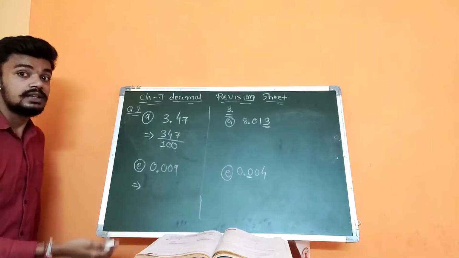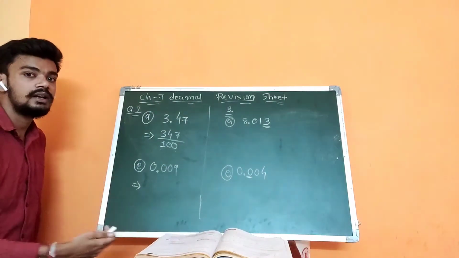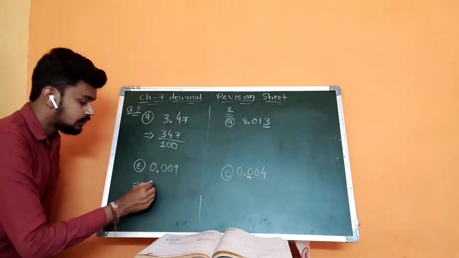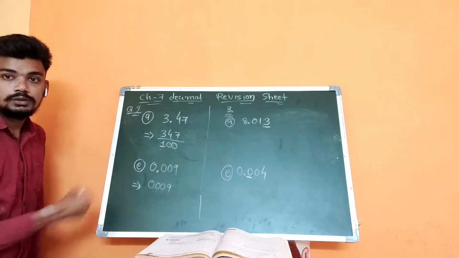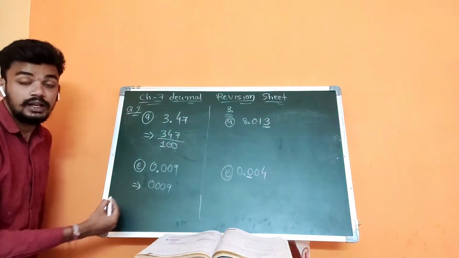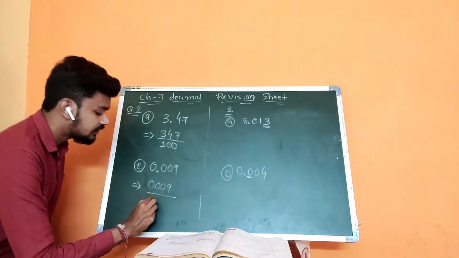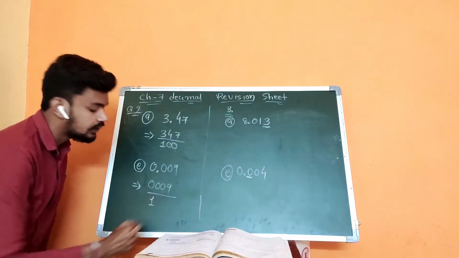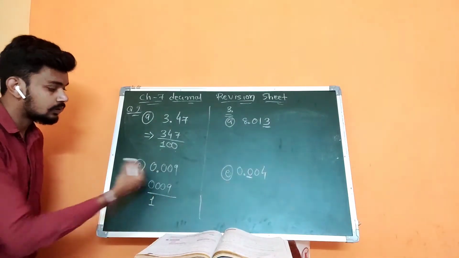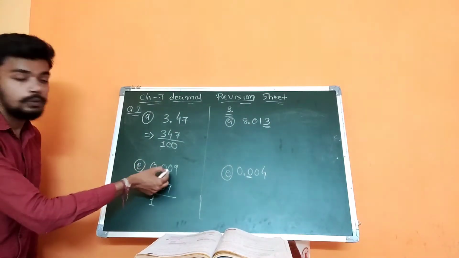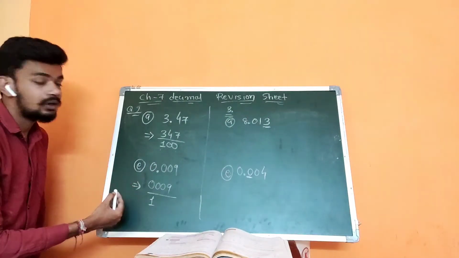Our second step: we put the number as it is, without writing the decimal point. So 0009. This is our numerator. And then below it we write 1, and that many 0s, whatever number of digits we have counted.